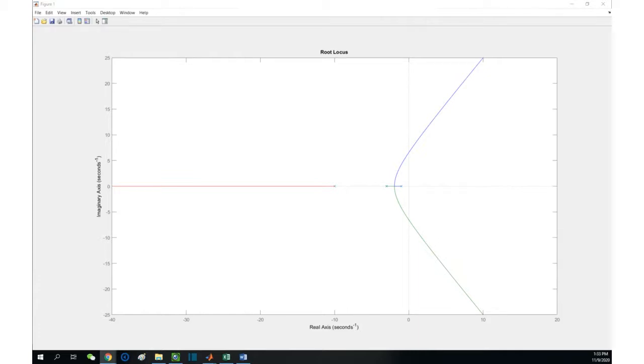Remember? That's how you plot the root locus. Now we are looking for closed loop poles. How to find closed loop poles? Root locus is made of what? Closed loop poles, not open loop poles. Right? Open loop poles are the starting points we use to sketch the root locus in the first place.